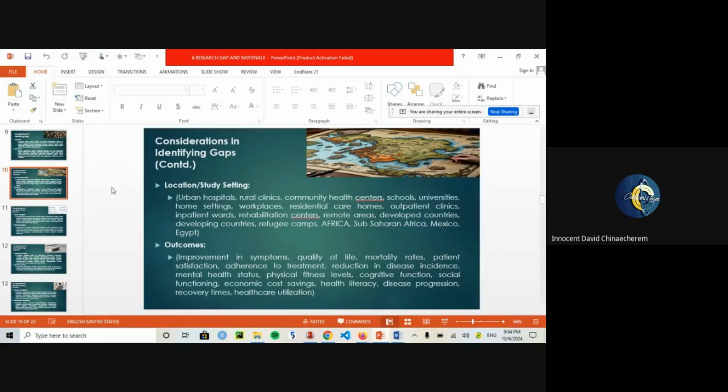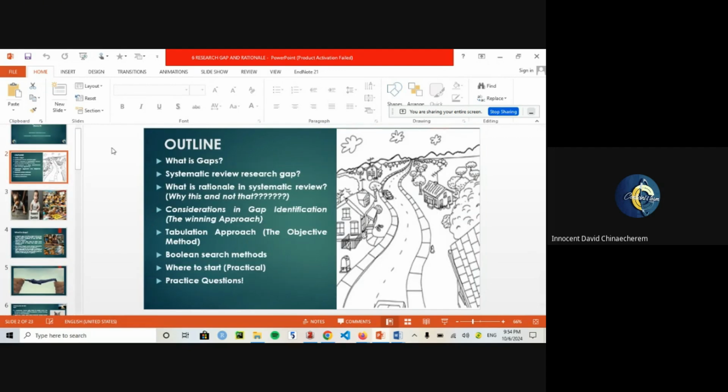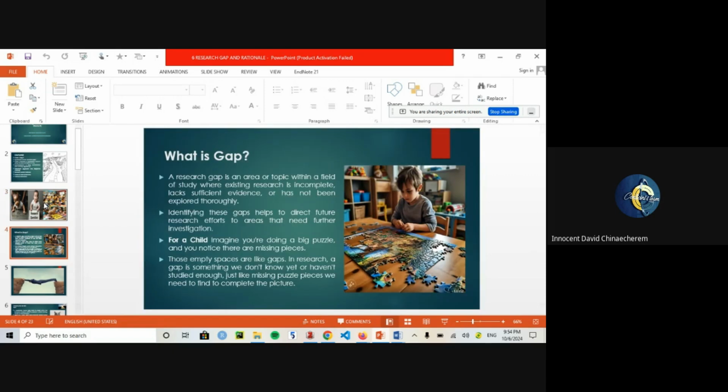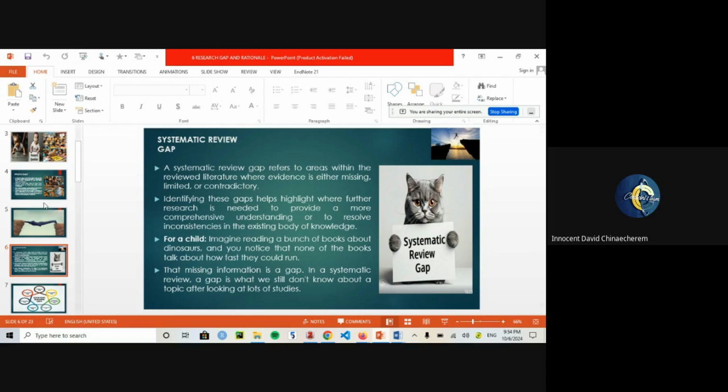So I'm going to just have a rundown of everything I've talked about tonight. I started by talking about gap, where I said that gap is all about what is not in existence in the research and what is yet to be seen, right? And we moved down to these images. I said that a systematic review gap is just areas within the literature where evidence is either missing or contradicting, or there seem to be quite some limitations.